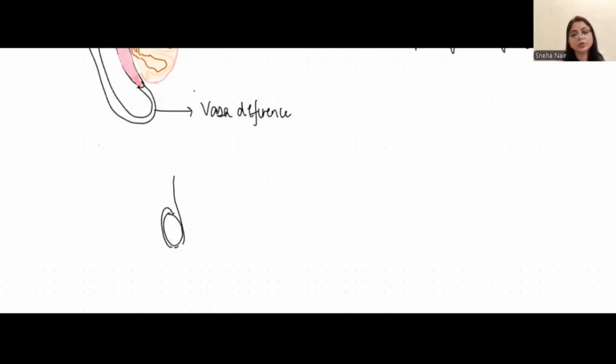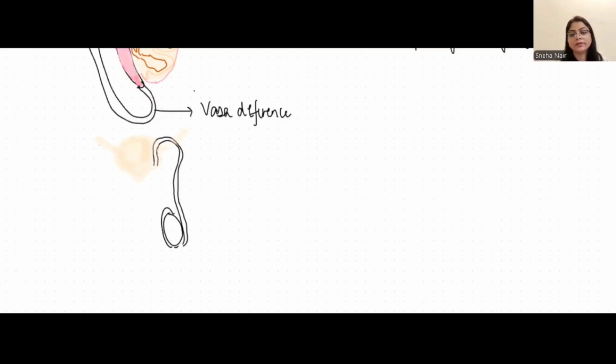It takes a loop over the ureters. Okay. And then it combines with a duct called seminal vesicle. So these are the ureters. This is the urinary bladder. Urinary bladder. So the urinary bladder is a seminal vesicle.